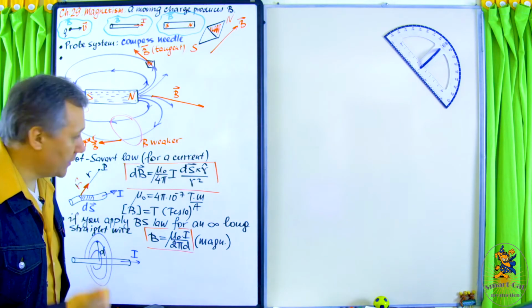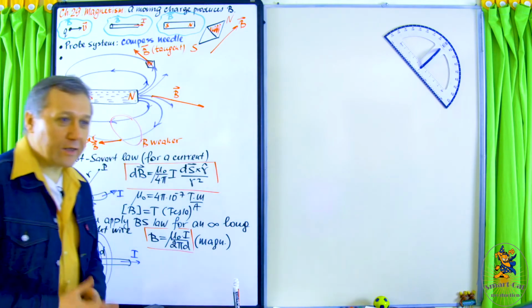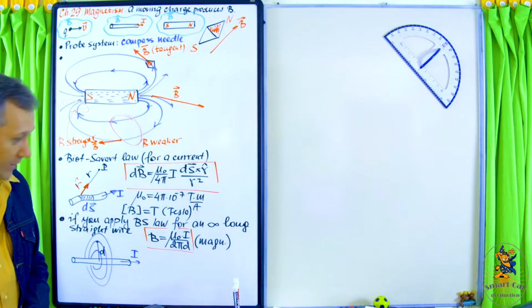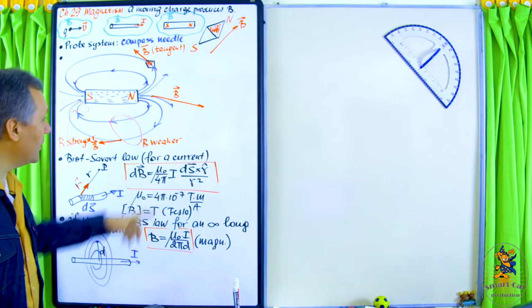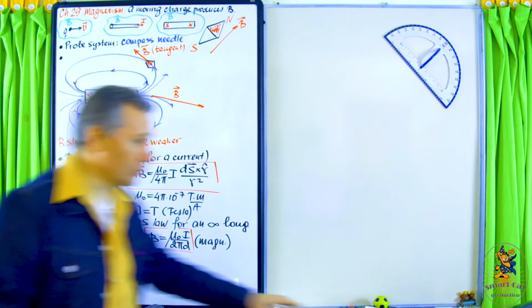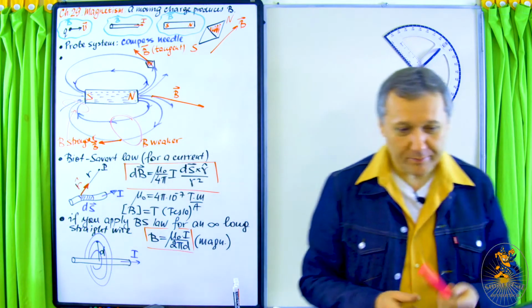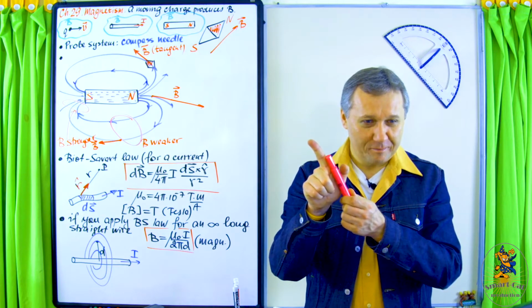In order to find a direction, we're going to introduce again a right-hand rule, and I usually call it right-hand rule number 2. Right-hand rule number 1 we used to find the direction of the cross product. So how do we use it? Let's assume this is the wire with the current flowing that way.